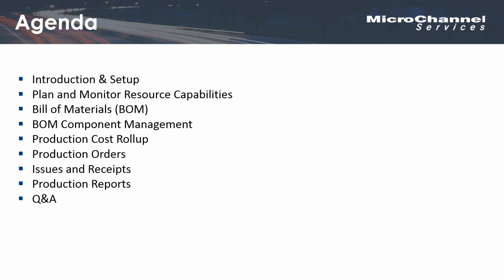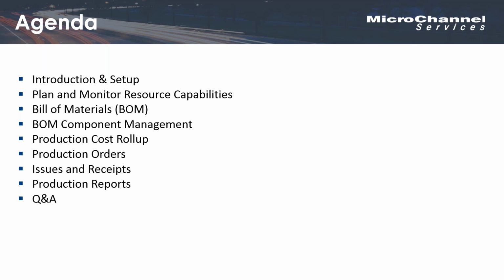Then we'll have a look at bills of materials, the BOM Component Management, where you can mass delete, remove, replace BOM components. Have a look at the production cost roll-up functionality. Then we'll have a look at production orders and the related issues and receipts. Brief look at some of the standard reports, and finally we'll have a question and answer segment.